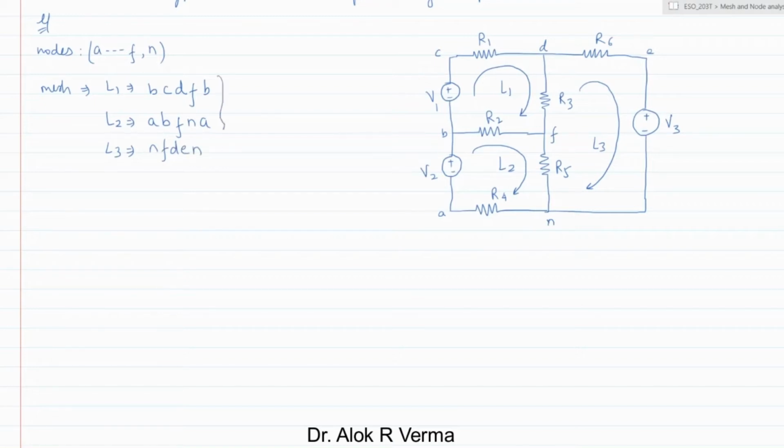So these are the 3 different loops, which are the smallest loops, basically the meshes.